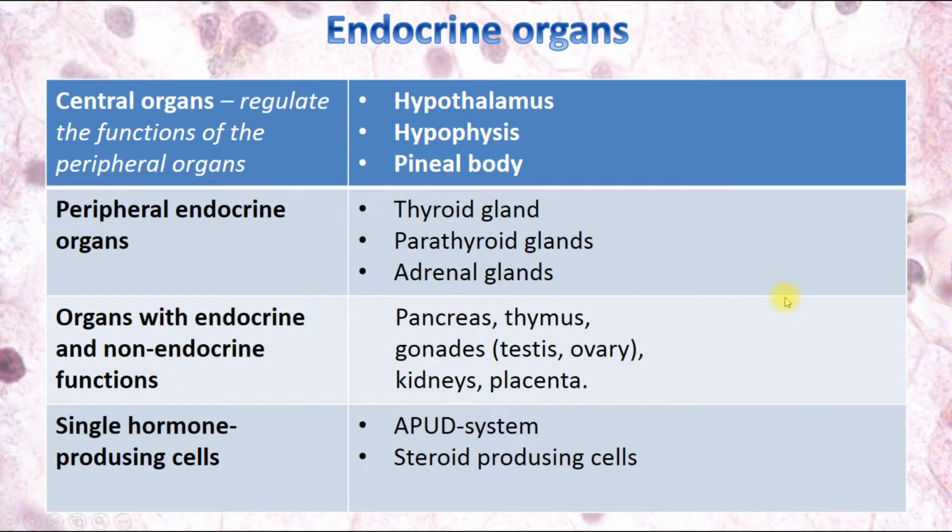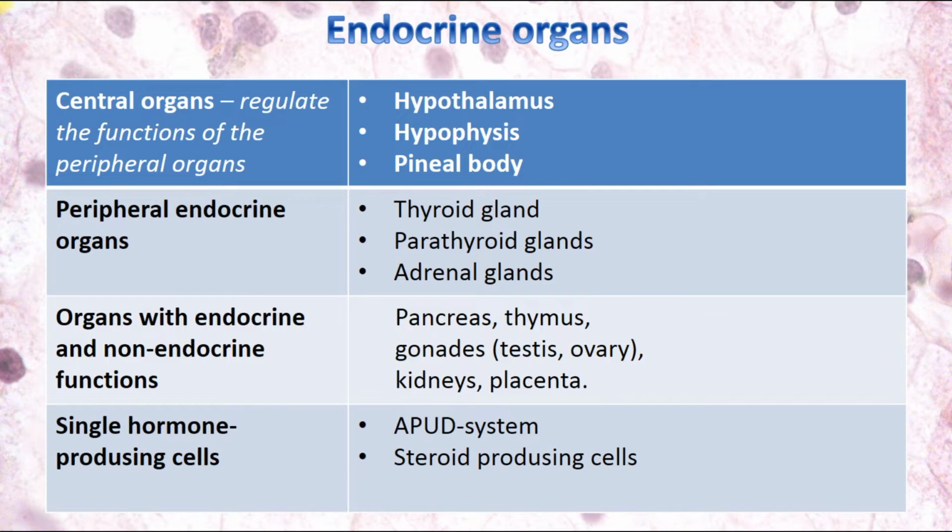Endocrine organs, endocrine glands, have different functions, different localization, and there are different classifications, and we will discuss this classification. So, first of all, we divide endocrine organs into two big groups.